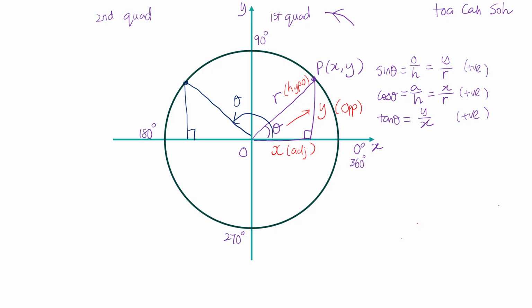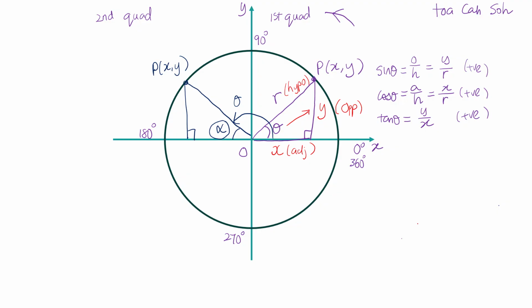So are we still able to find the sine, cosine and tangent ratio of an obtuse angle? The answer is yes. How are we able to do it? We're able to do it using this triangle I've just drawn, and we can still use this angle called alpha, which is the basic angle, to help us find the ratio for your obtuse angle.